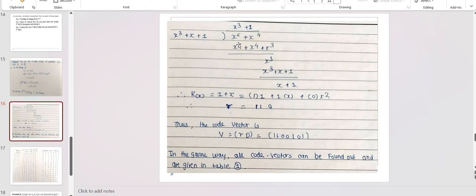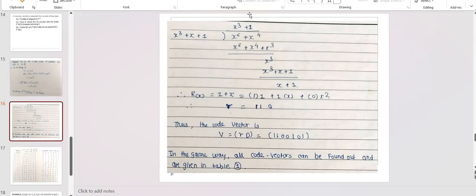So you have to perform the XOR addition. x raised to 6 and x raised to 6 get cancelled, x raised to 4 and x raised to 4 get cancelled. After the XOR addition you will be left with x cube. Again use the quotient 1, so you will get x cube plus x plus 1. Again x cube gets cancelled, and x plus 1 will remain.